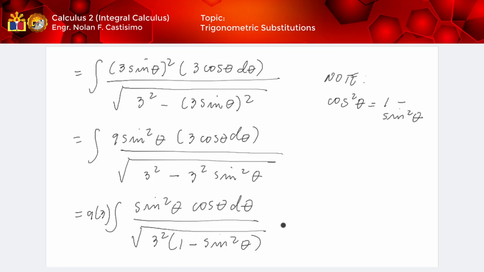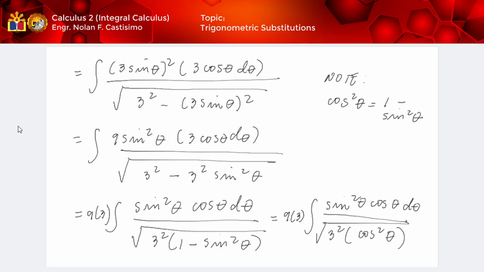So, this will be equivalent to 9 times 3 integration of sine squared theta cosine theta d theta divided by square root of 3 squared, and then 1 minus sine squared theta is equivalent to cosine squared theta. Okay? Then later, makakancel na natin itong square root, ito, at saka ito.